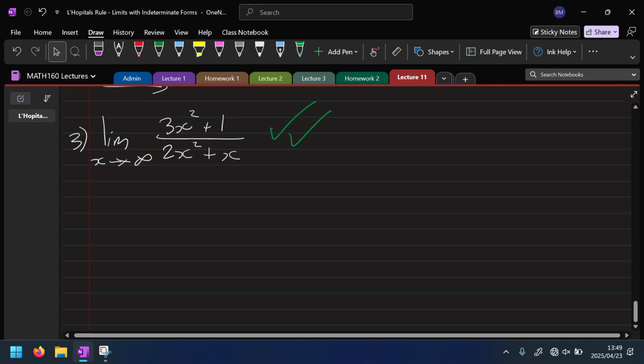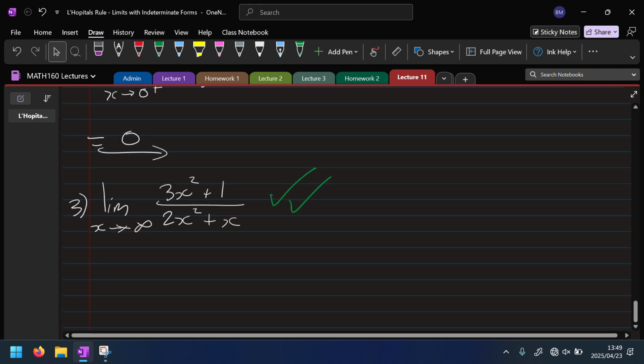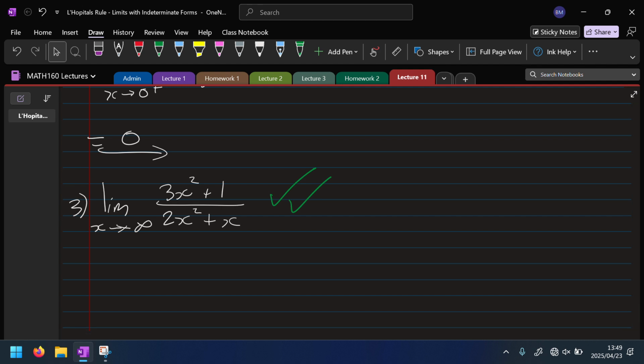Let's see what g prime is. Go down here. That will be 4x plus 1. Is that going to be positive? 4x plus 1. x is positive. x goes to infinity. You substitute something. Is it non-zero? Okay. g prime of x is 4x plus 1.